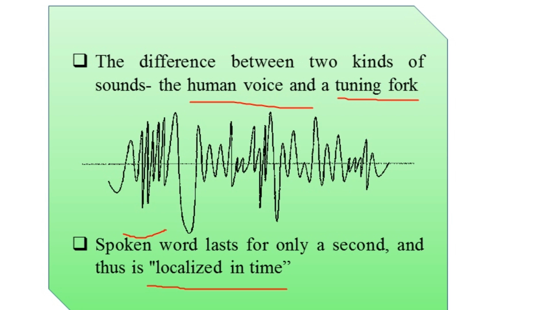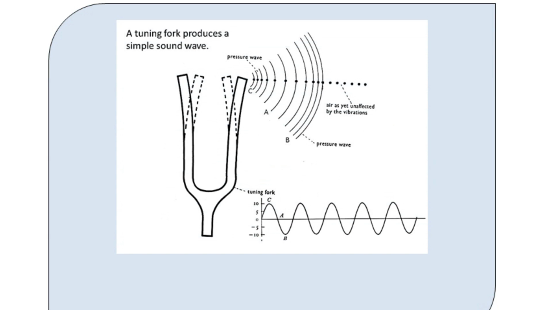On the other hand, if we take the sound that has been produced by the tuning fork, the same can be visualized with the help of a pictorial diagram. Here it is. Here we have the tuning fork, the Y shape or the U shape, and it has a stem beneath it.